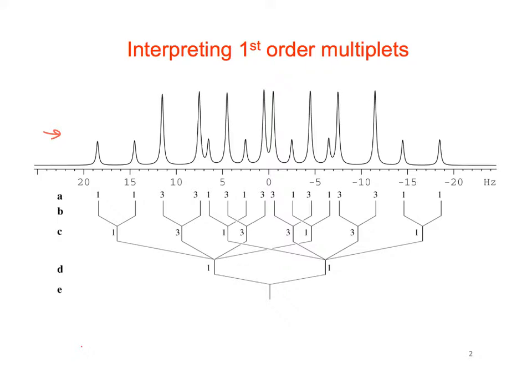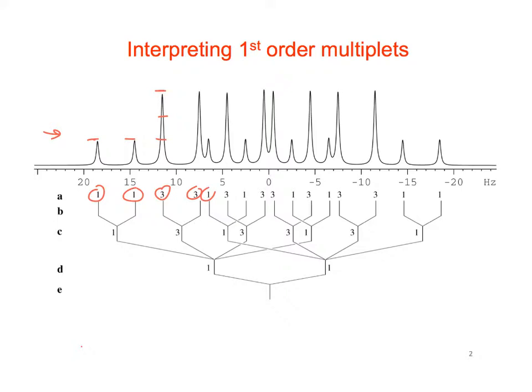So we've already done that in this case, and if we look at these heights compared to the taller ones, we can estimate that this is maybe a 1 to 1 to 3 ratio, right? And then it just goes on. We really only have two peak heights as we go across, 1s and 3s.